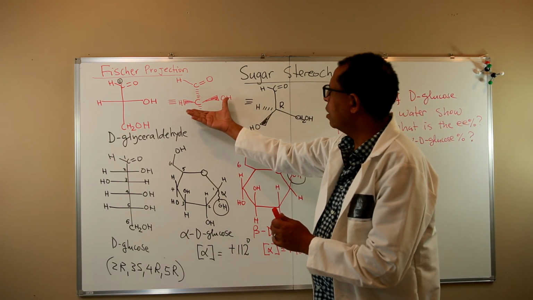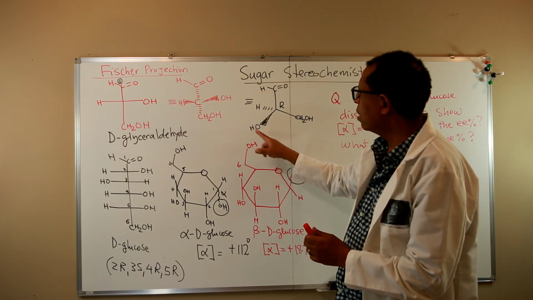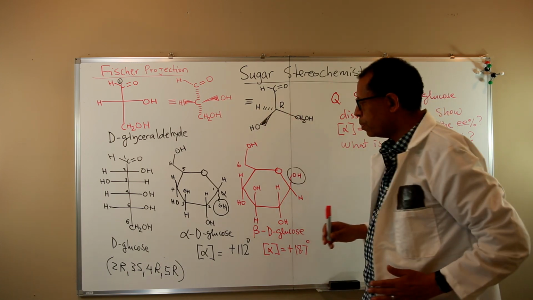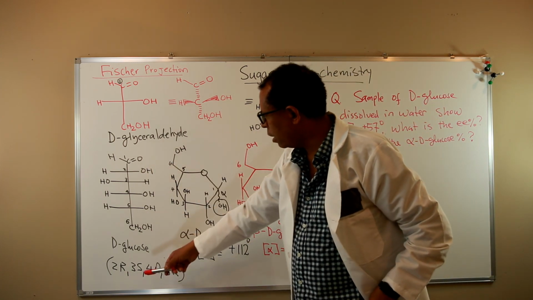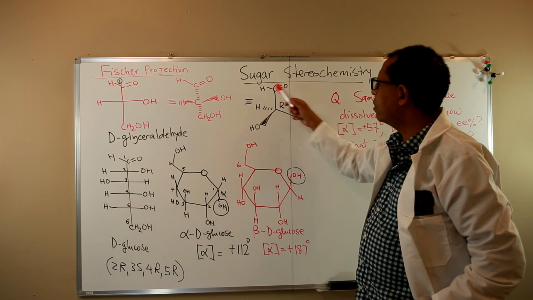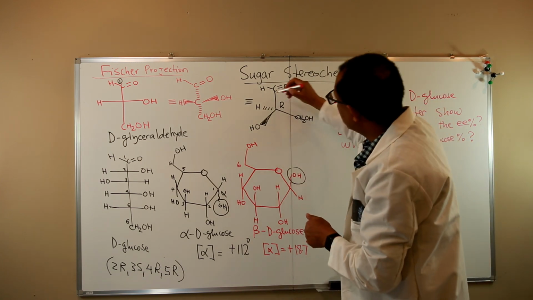So the OH was brought to the left, it is here, and the H is going down. At each carbon you would have such a configuration and assign priority.